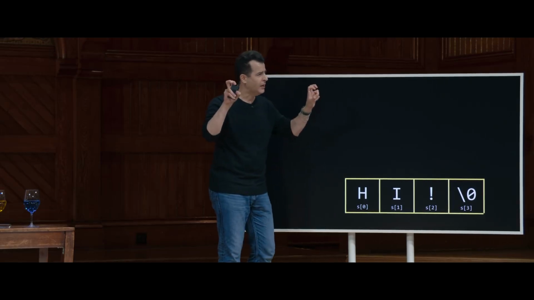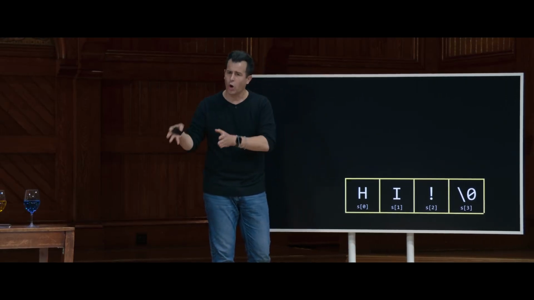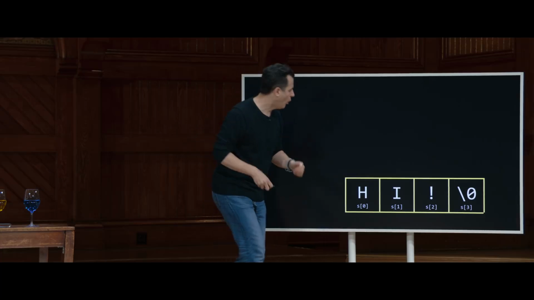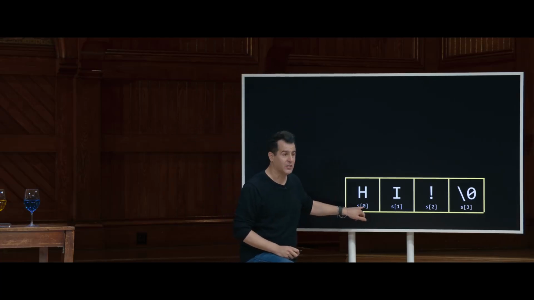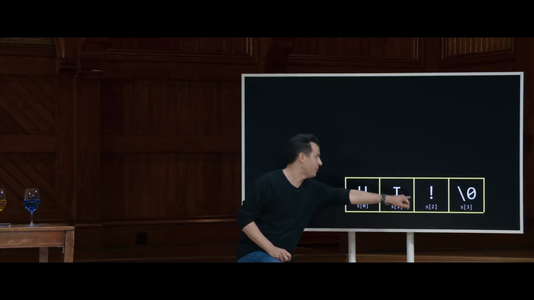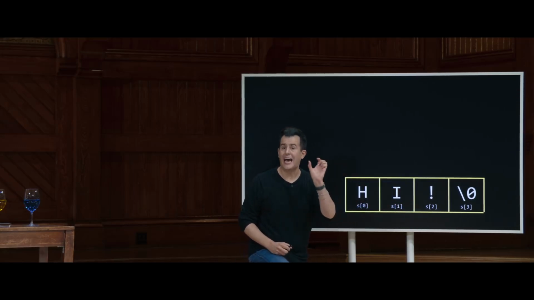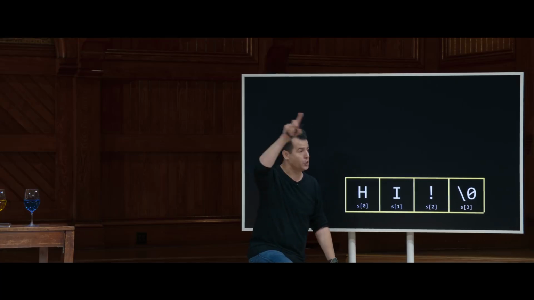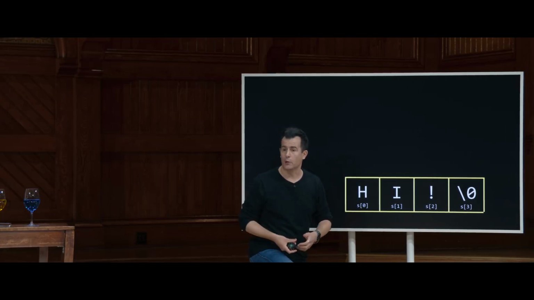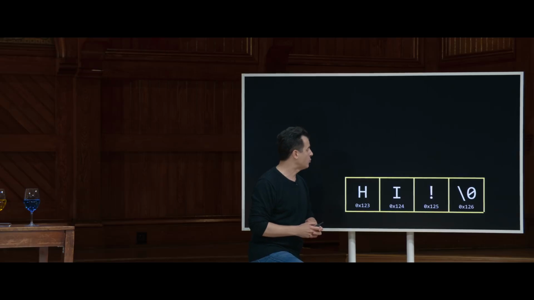So if the string was called s, s bracket 0 would give us the first char, s bracket 1 the second, s bracket 2 the third. And if you're really curious, s bracket 3 would give you the last hidden null character, which we saw on the screen as just a 0 when we printed it out while tinkering with some actual code.